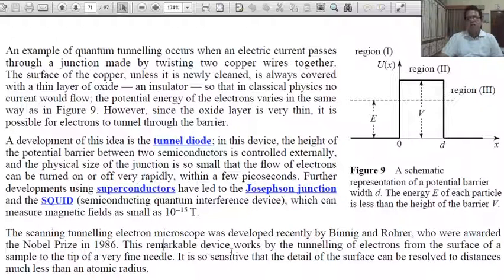This remarkable device works by tunneling of electrons from the surface of a sample to the tip of a very fine needle. It is so sensitive that details of the surface can be resolved to distances much less than an atom.